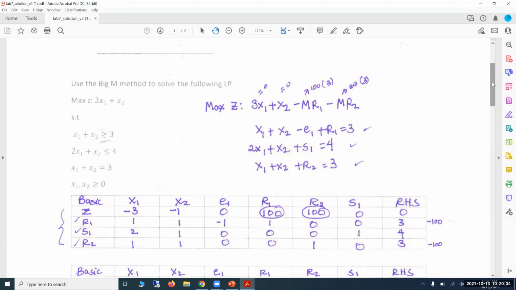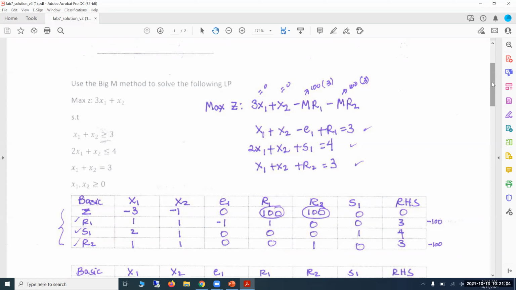Basically, what I'm saying is, it's what I did for the example. I'm just illustrating that the initial tableau is not consistent with the solution. So basically what this is saying is that R1 equals 3 in the initial tableau and R2 equals 3. But the objective function is saying that this is equal to 0.